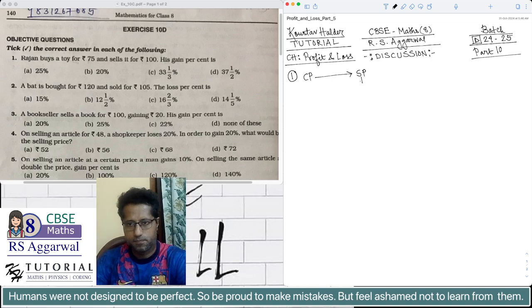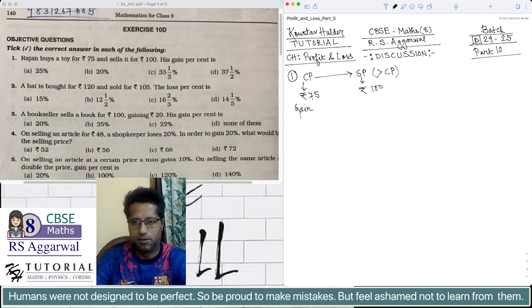Selling price is given to be rupees 100, and the cost price is given to be rupees 75. As we can see that the selling price is greater than the cost price, definitely there is a gain.